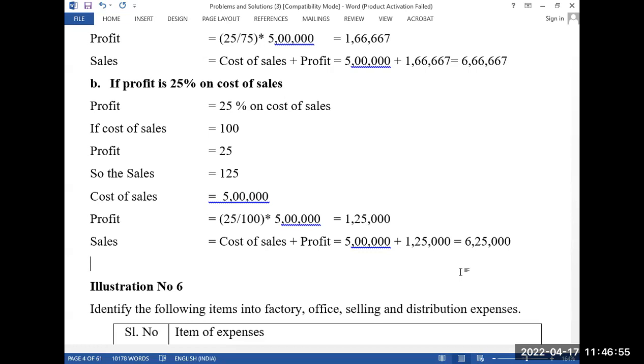That's how you have to calculate. Otherwise, go by the logic. Nothing wrong, you can write it one by one and you will understand and calculate. Okay.